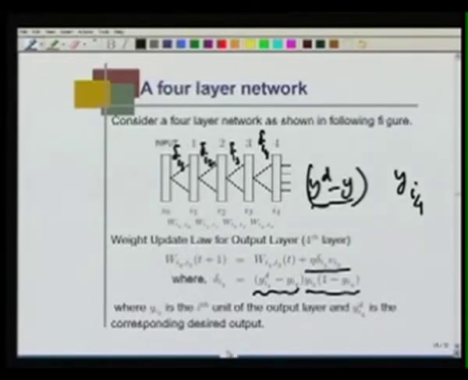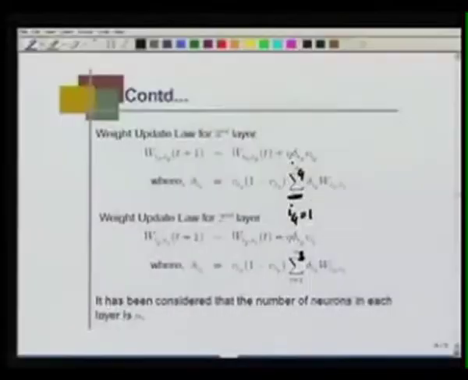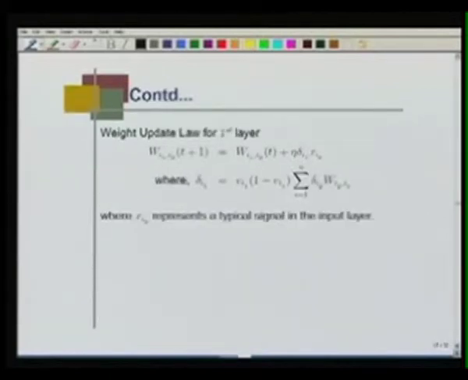You can easily see eta delta_i3 V_i2 for the third layer, delta_i2 V_i1 for the second layer, and this is the error back propagated. Delta_i2 is computed based on delta_i3, delta_i3 is computed based on delta_i4, and similarly finally delta_i1 is computed based on delta_i2, and this is your first layer.